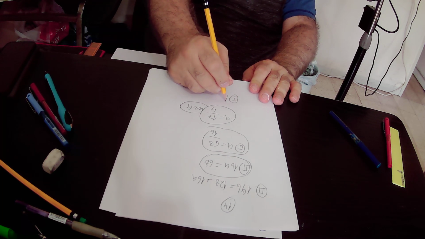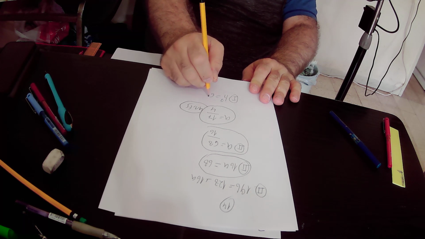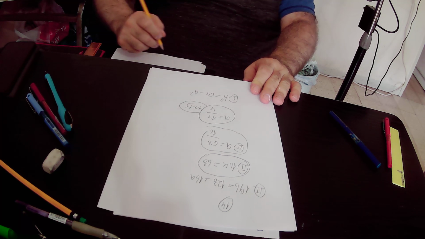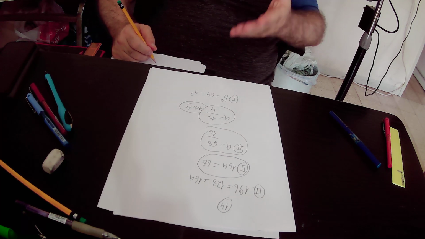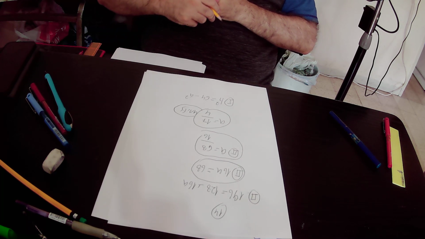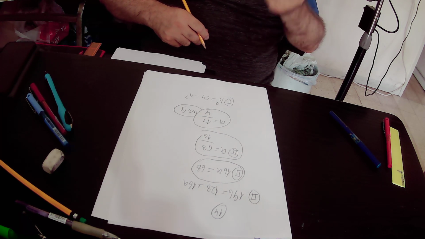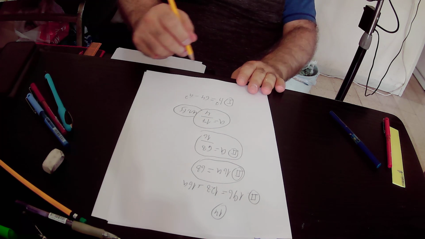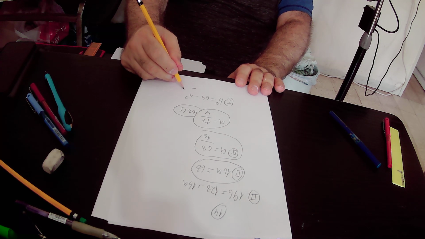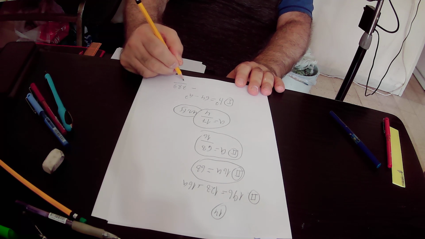that h squared equals 64 minus a squared. According to equation number 1, h squared equals 64 minus a squared. If a equals 17 over 4, then a squared will be equal to 289 over 16.